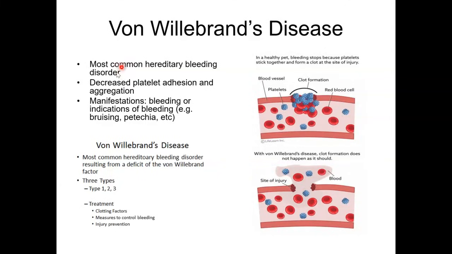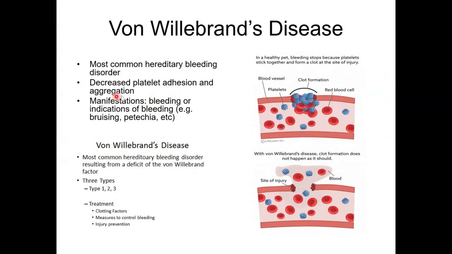About 1% of the U.S. population has von Willebrand's disease. So 1 out of every 100 people that you're going to see as a provider has it. So again, it's important to at least know what these things are and be able to critically think and know that it's going to be something that is going to cause them to bleed, because I know we can't remember everything about everything, but at least be able to recognize it.